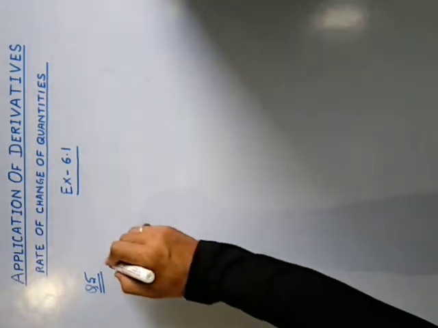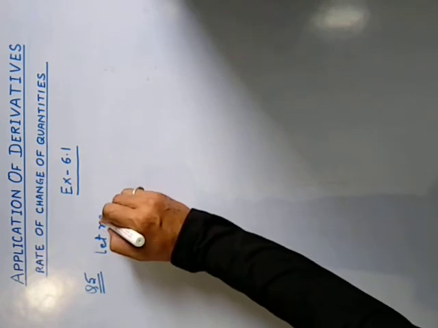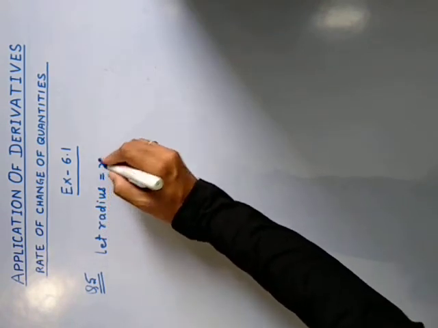Question number 5. A stone is dropped into a quiet lake and waves move in a circle at the speed of 5 centimeter per second. So waves are moving in circles. So let radius equal r.